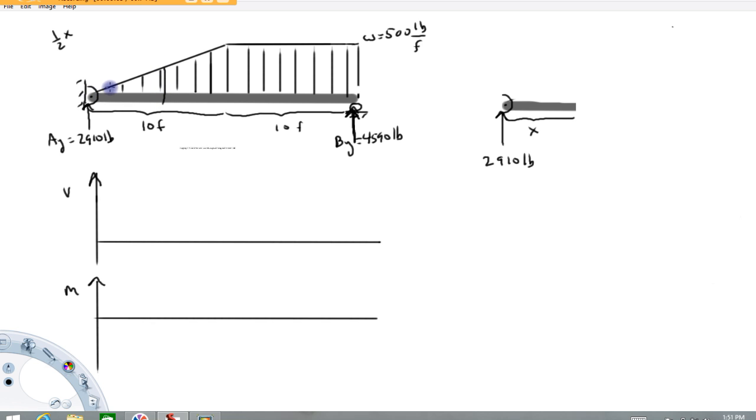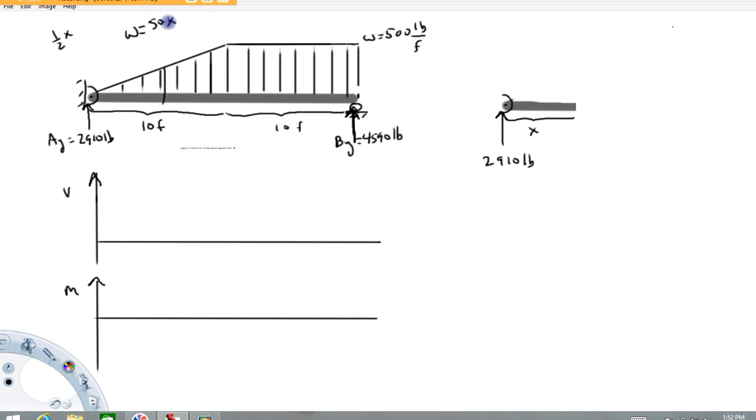Now, this is a linear function. This load distribution is described by, if I use this point and this point, which is the point 10, 500, so the slope is rise 500 over run 10, so that's going to be 50 pounds per foot, times X, and the intercept is 0.